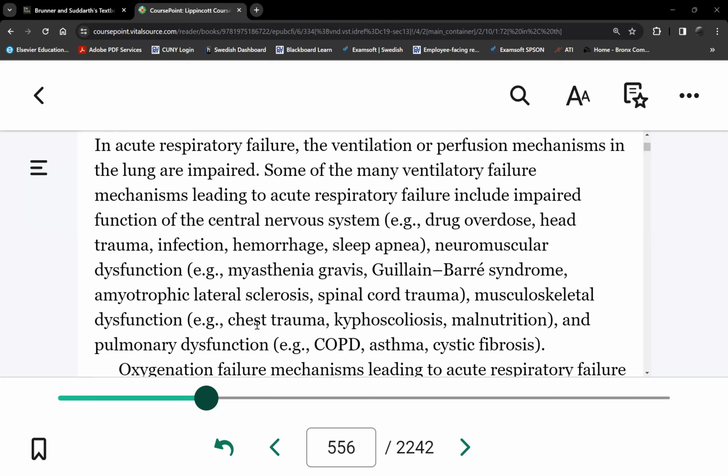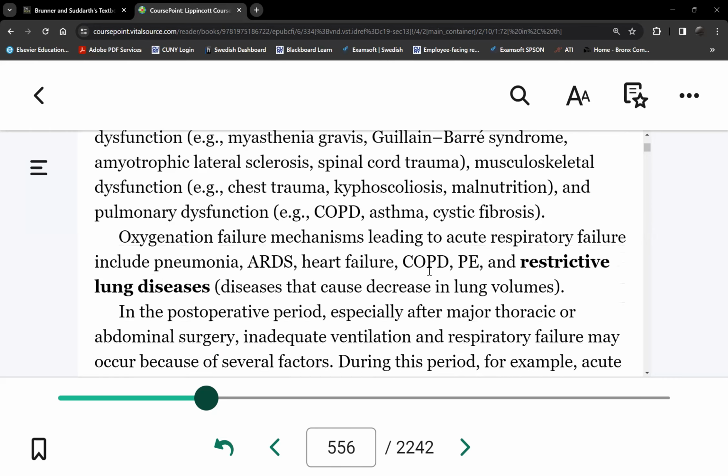Either a mechanical or physiologic cause that results in a decreased rate and depth of respiration leads to respiratory failure. There are two forms, acute or chronic. Obviously, which one are we concerned about? The acute. Chronic respiratory failure patients are pretty much stable. They're abnormal, but they're not likely to die right away.